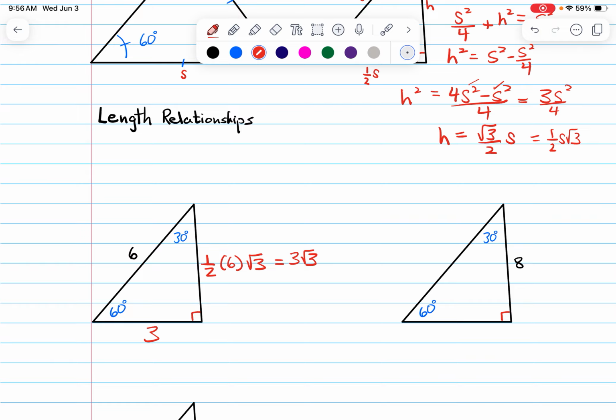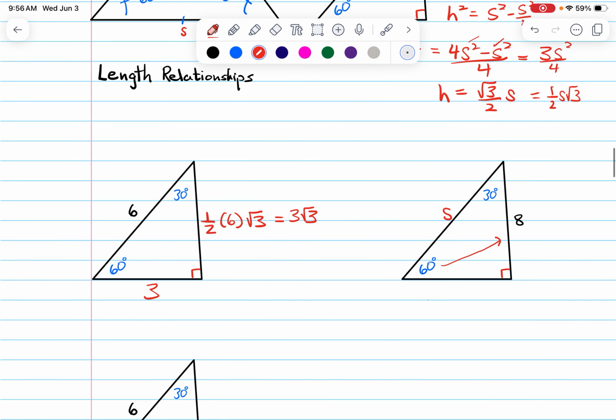Okay, now let's look at this one. The side opposite the 60 degrees, and we're trying to find s, remember, is 1/2 s times the square root of 3. That's what that 8 is, it turns out, for this problem. Multiplying both sides by 2, I get s square roots of 3 equals 16.